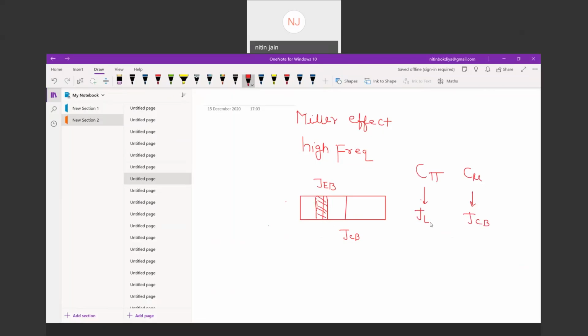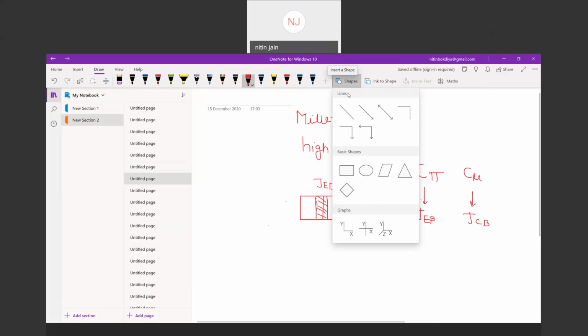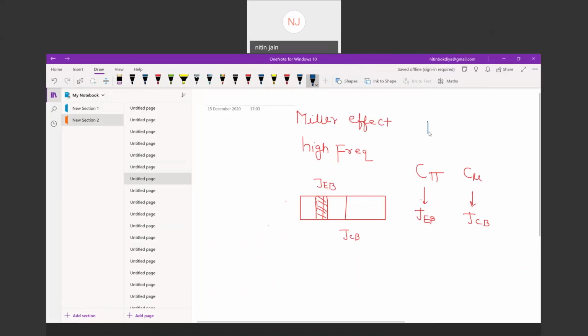तो हम देखेंगे कि हाई फ्रीक्वेंसी पे जो दो इंटरनल कैपेसिटर जनरेट होते हैं, how will this affect our analysis, है ना. This is high frequency capacitor.